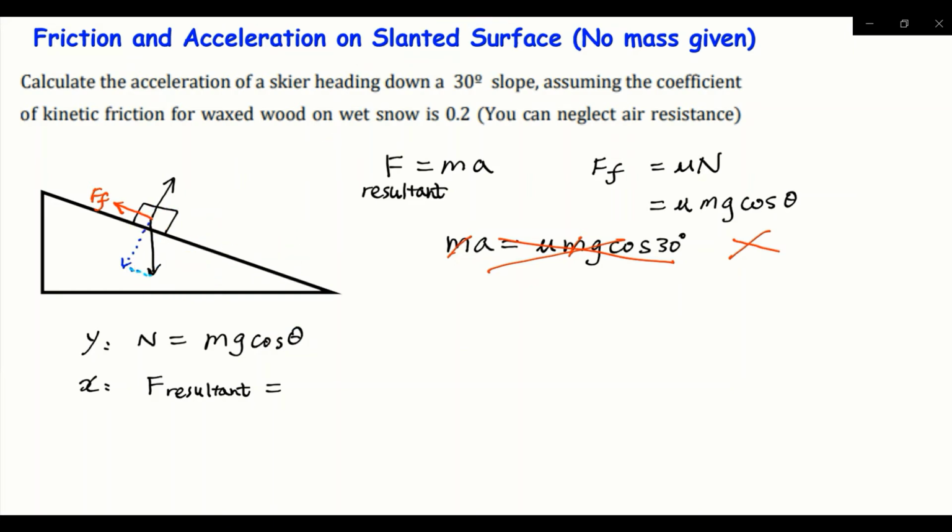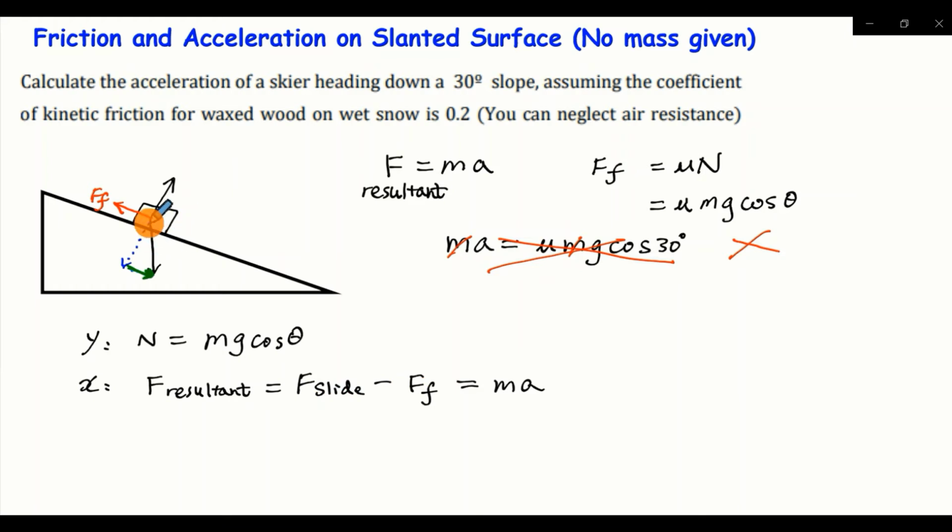So let's do this in green. This green arrow, this direction, is going to be more than what's stopping it. Let me call that the sliding force. The sliding force minus the frictional force equals ma.